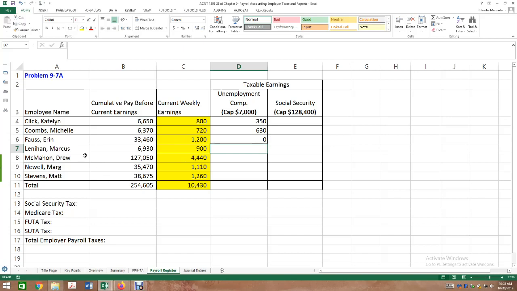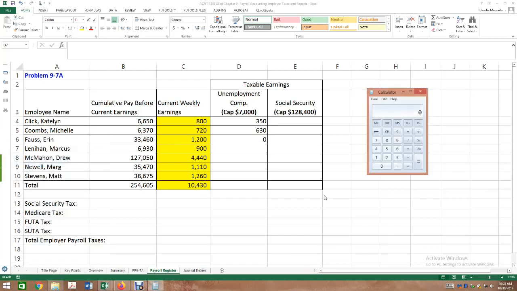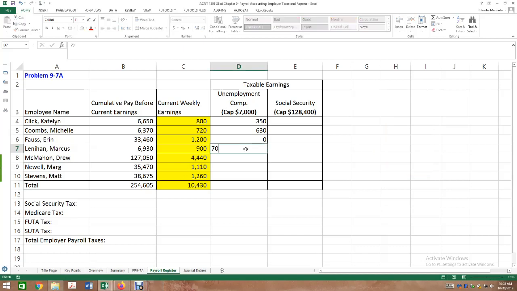Now we're going to look at Marcus Lenihan. Marcus has earned $6,930. So my cap is $7,000. He has earned $6,930. So that means that I will be paying taxes only on $70. That is going to take me to my cap of $7,000.